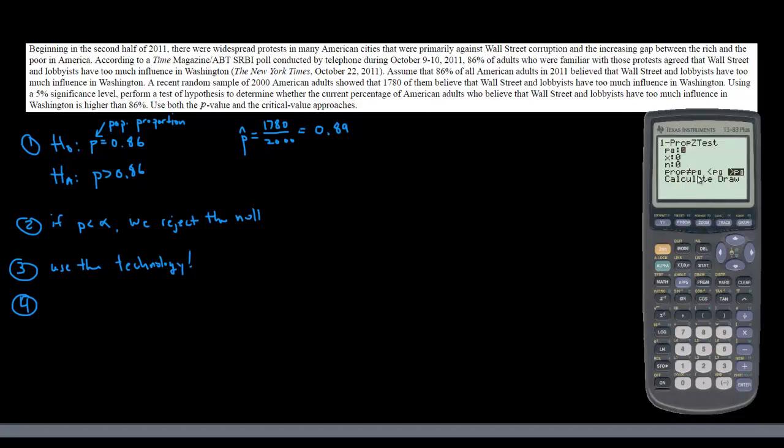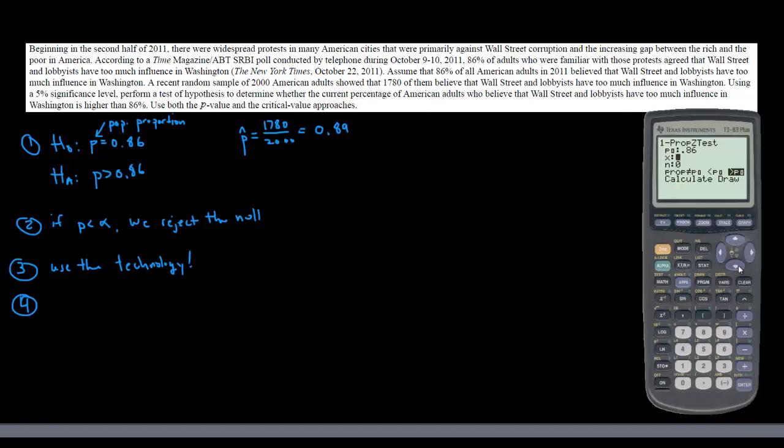Now, what is P naught here? Okay, here's where our notation doesn't match the calculator exactly. P naught, that is the population proportion. That's the status quo. Status quo is what we know to be true prior, which is 0.86. Now here's another thing that looks a little different. What is X here?